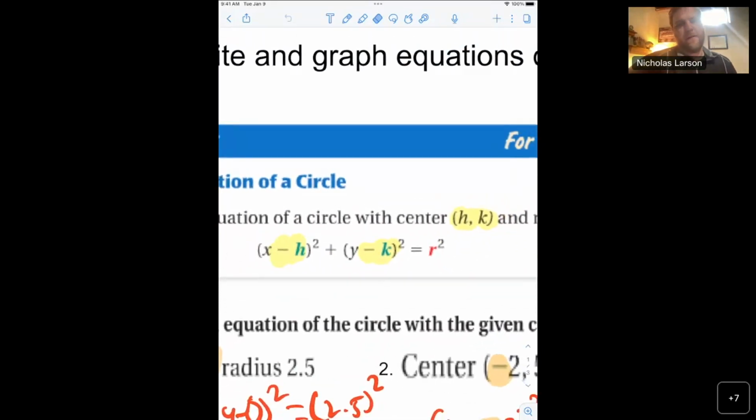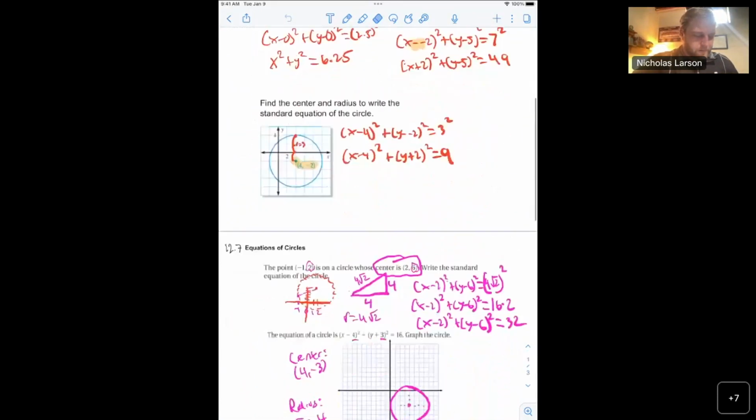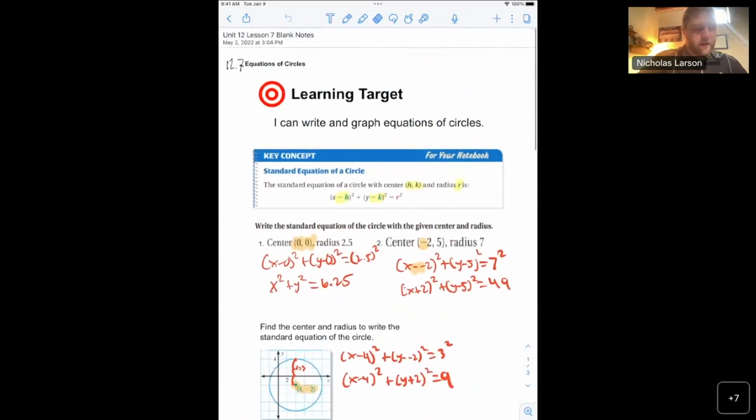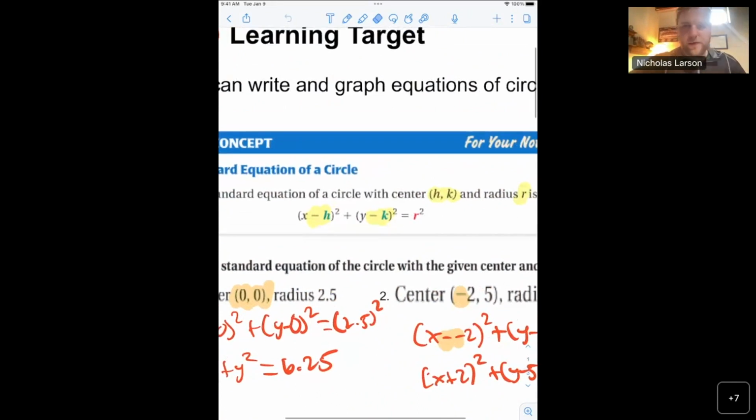Now, notice that the equation has subtraction signs, okay? So that means if you have a -2, it would be x minus -2. That's going to cancel and turn into a positive, a plus. So your answer would be x plus 2. And then it's really manipulating that equation to solve, again, what we don't know.